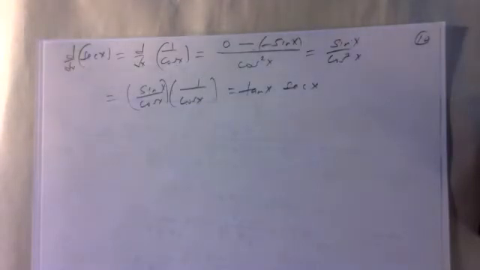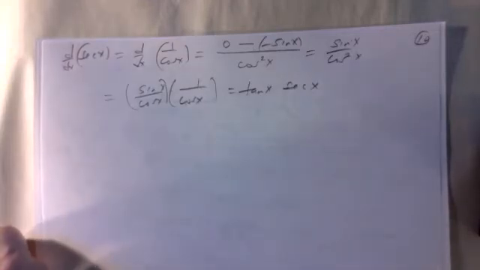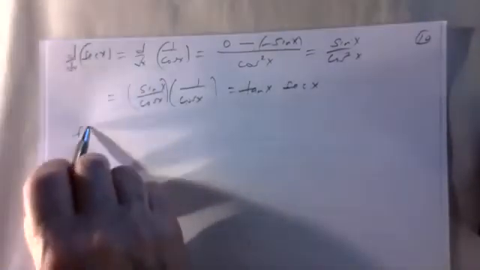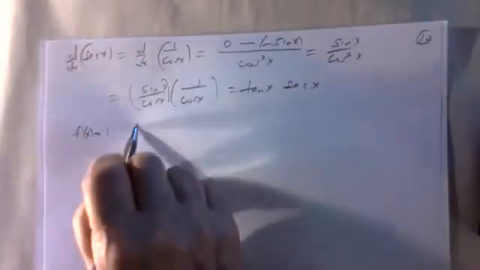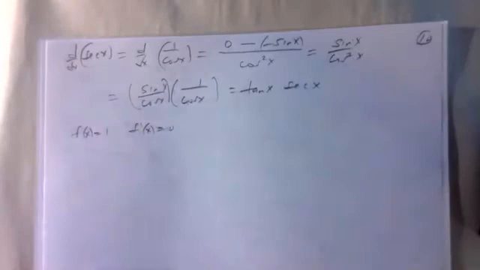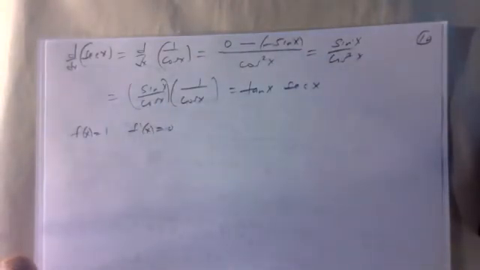Question, Professor. Yeah. Why did you write 0 minus sine of x? So the one is the first function, right? Yep. f of x equals 1, and f prime of x is 0. 0, yes. So what about g of x?